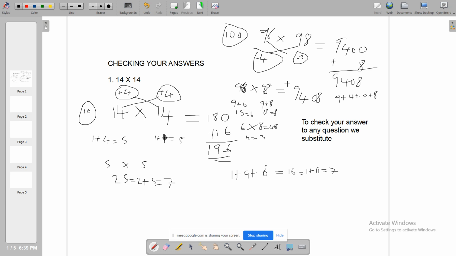When you add, what are you getting? This plus this is 13, right? When you add 4 plus 8 it will give you 12. 12 plus 9 is 21. When you find a substitute for 21, it will be 3, right?